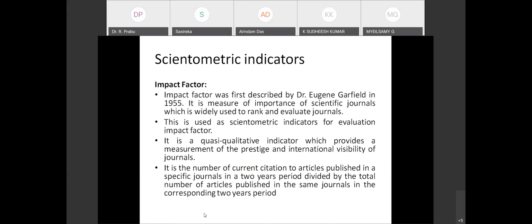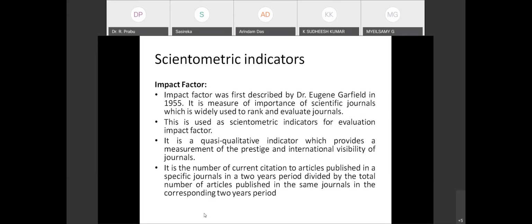Impact factor was first described by Eugene Garfield in the year 1955. It is a measure of the importance of scientific journals, widely used to rank and evaluate journals, and to evaluate the quality of articles.